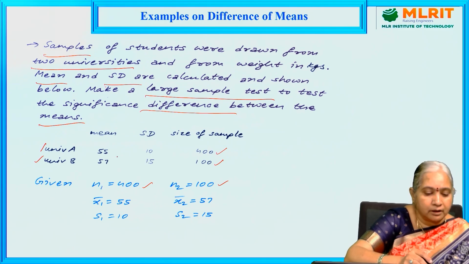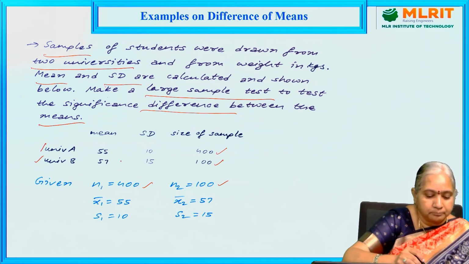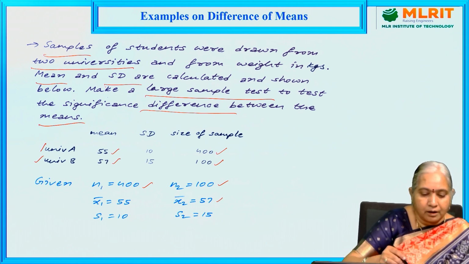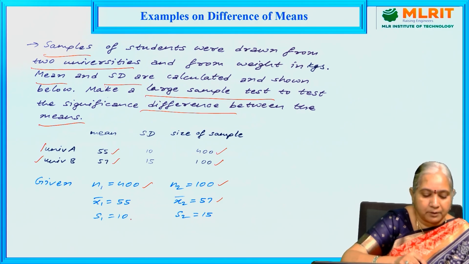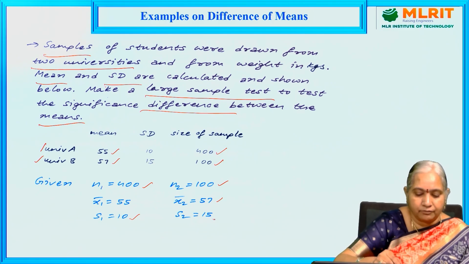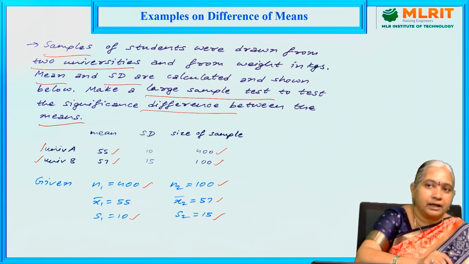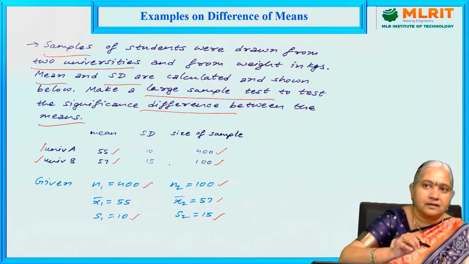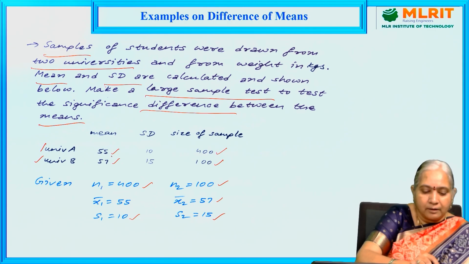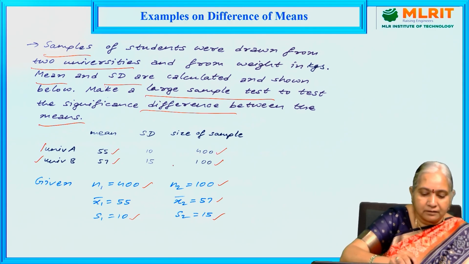Also given: the first sample mean is 55 and the second sample mean is 57. The standard deviation of the first sample is 10 and the standard deviation of the second sample is 15. So the data of two samples is given: from University A one sample, from University B another sample.